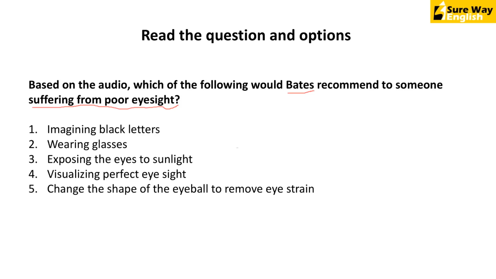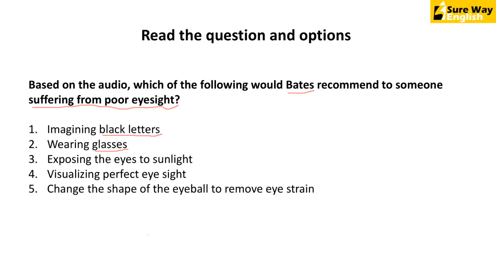When you do this, what will happen is that when the audio starts playing, you can start listening for information related to the key points in the question, or you can start listening to the key points in the options. And then at that point of time, for example, as soon as you hear black letters in the audio, you know that it is something important.